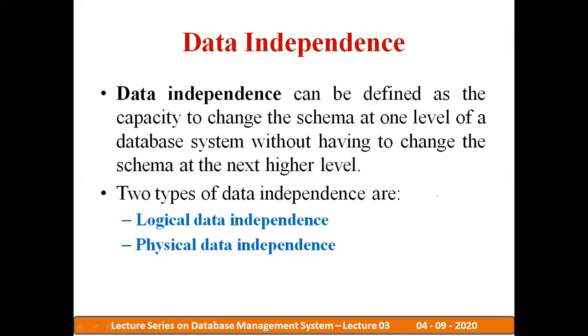So that is what data independence is across all the levels. That means the external level is independent of the conceptual level, which is independent of the internal level. Now there are two types of data independence. The first one is logical data independence. The second one is physical data independence.